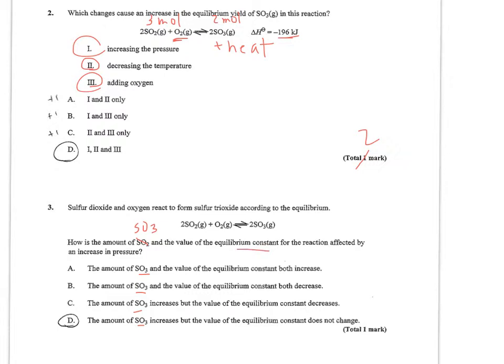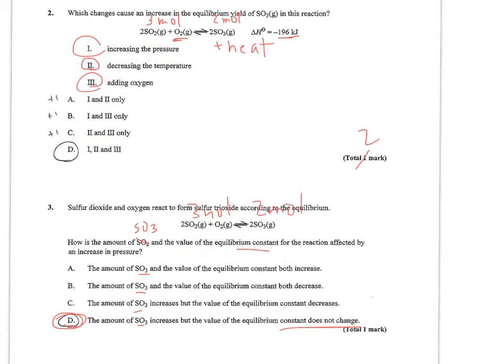So equilibrium constant, Kc, affected by an increase in pressure. What you have to remember is Kc doesn't change. The only thing that changes Kc is temperature. So you very quickly narrow this down to D being your only possible choice because that's the only one where they said Kc would stay the same. As far as pressure, I'm going from 3 moles to 2 moles, and you might not have noticed I was being nice.